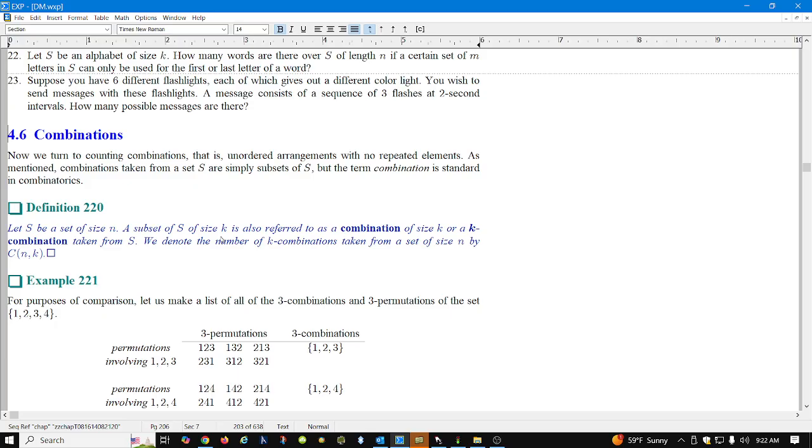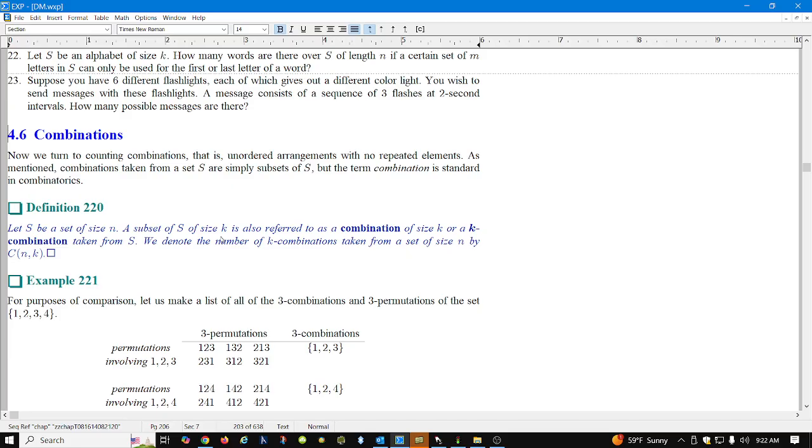I didn't use the term k permutation in the last video, but it would have been a good idea if I had, just to be consistent with k combination. A k permutation is a permutation of size k. I'm going to denote the number of k combinations taken from a set of size n by C(n,k), with common notation, and analogous to P(n,k).